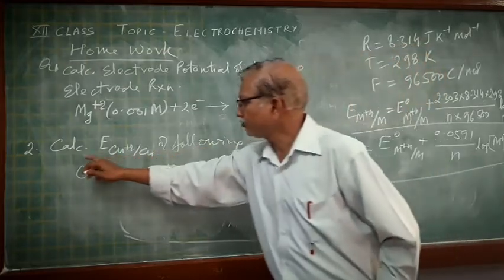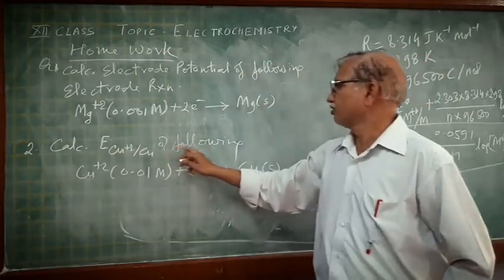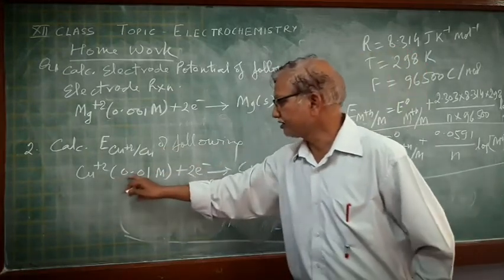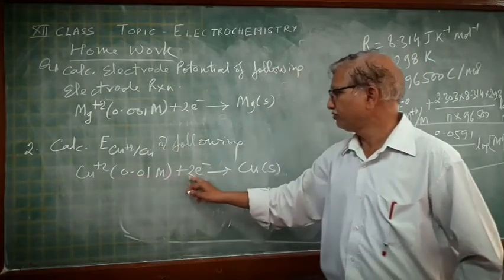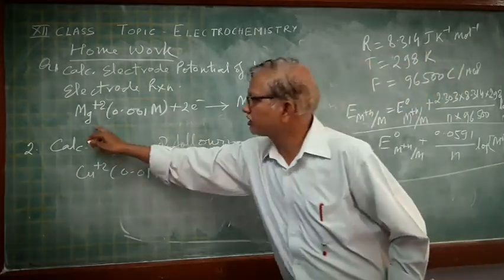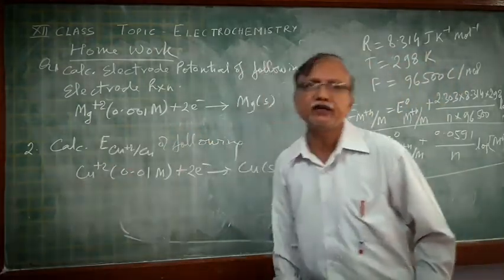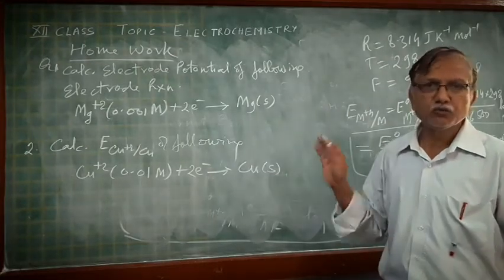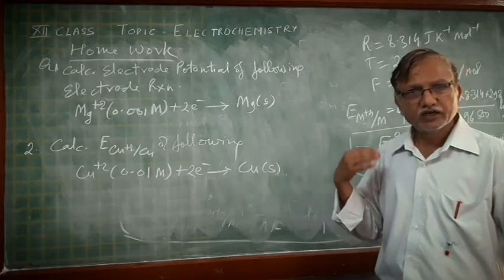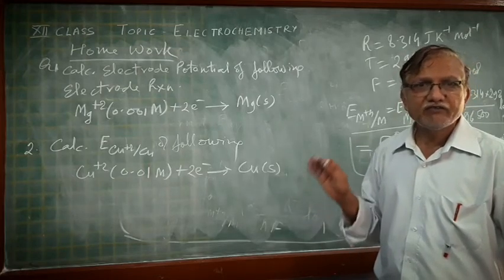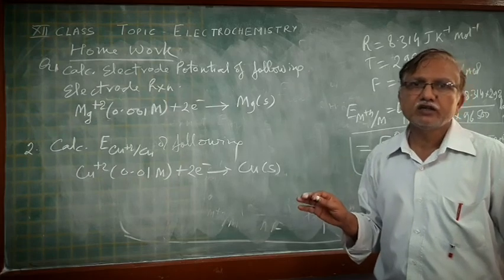Second, calculate the copper electrode potential of the following reaction: copper ion, concentration 0.01 M, plus 2 electrons to copper. For this you need the standard electrode potential of magnesium ion and copper ion. This you can get from the electrochemical series. Correct? So do practice of these two numericals. In the next lecture I will give you the derivation of the Nernst equation for E cell.